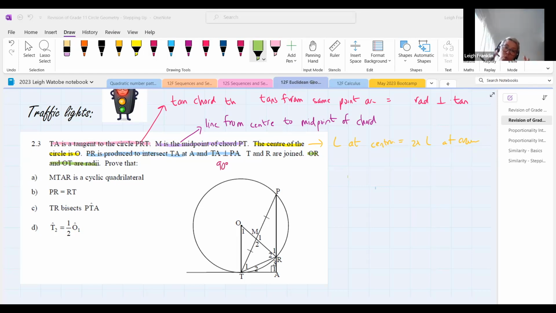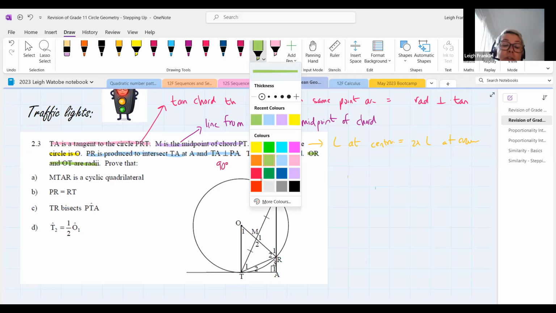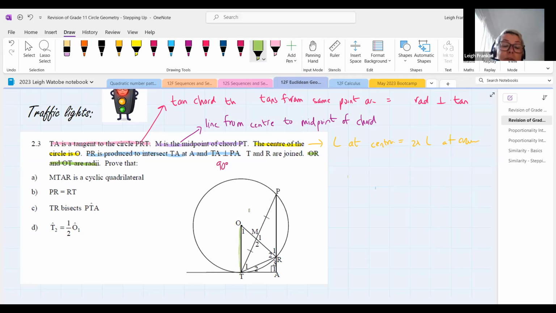So often what happens is that radii are used together with a chord to make a triangle. I'm going to rub it out, but look here. Okay, can you see there's the one radius, OT. There's the other radius, OR. Can you see that it makes a triangle with chord TR?